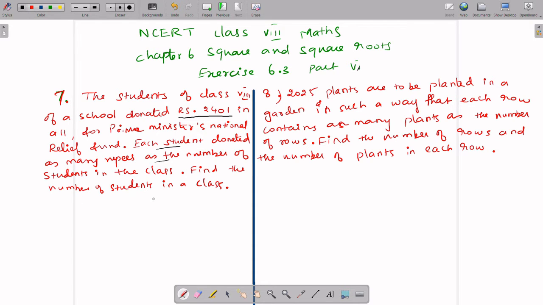What is our given amount? The total amount donated to the Prime Minister's Relief Fund is rupees 2401.